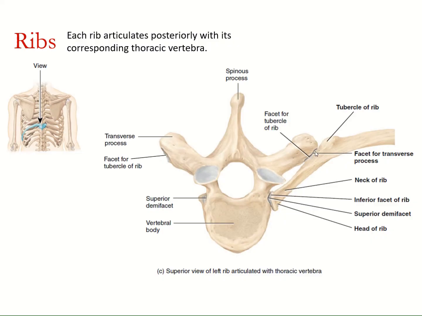So they meet at this portion over here. And the head of the rib will have an articulation with the superior and inferior demifacets of the bodies found in your thoracic vertebrae.